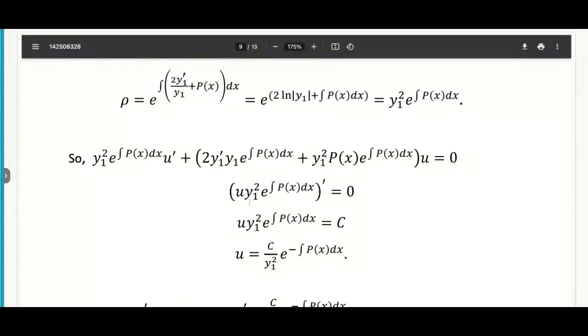We simplify, then we see this one. That takes a little bit of calculation for you to do, to convince yourself that it is this one.